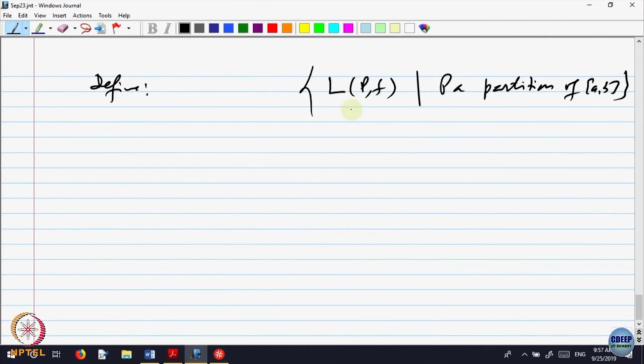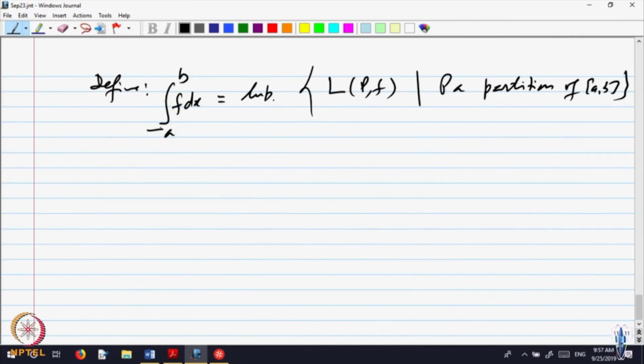So what should happen? By the completeness property, for a non-empty set which is bounded above, the least upper bound of this set should exist. That we denote by the integral of f dx from a to b, and since it is the lower sums increasing, one writes a bar below it.